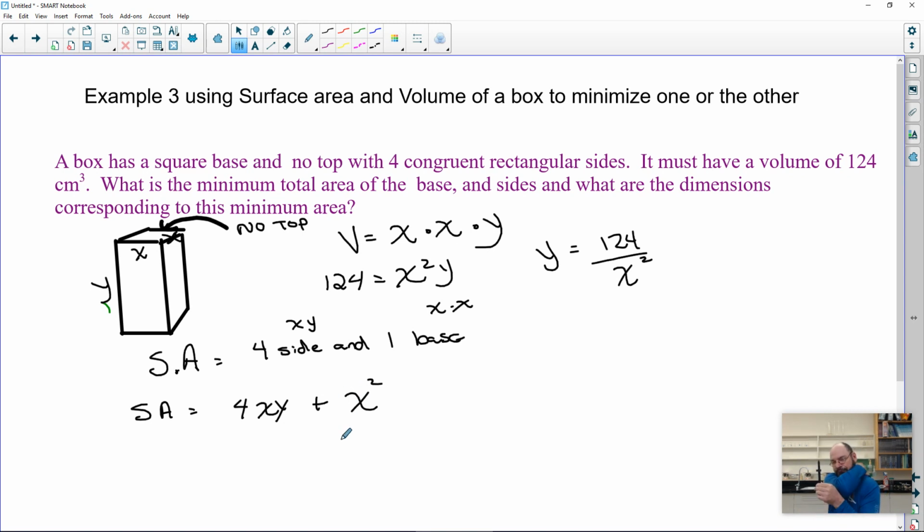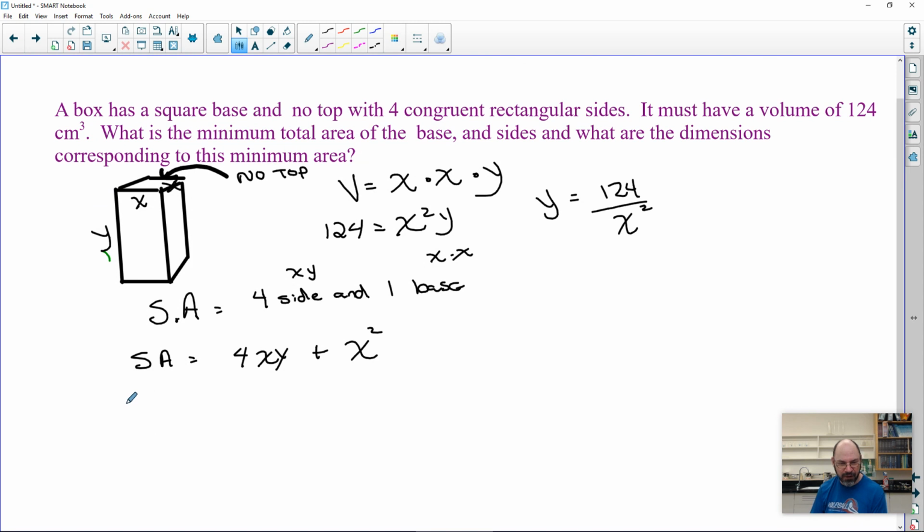It's missing the top. So now we have to minimize this surface area. It says area, but it's really surface area. To minimize it, we're going to take the derivative and set it equal to 0.